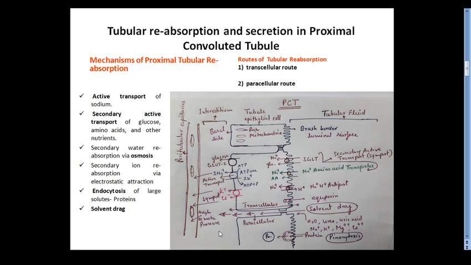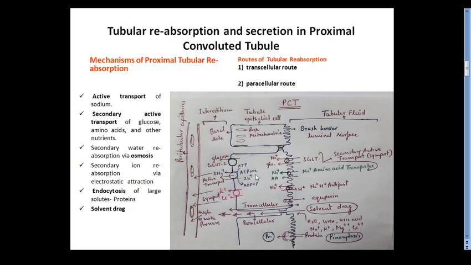This PCT is about 15 millimeters in length, and it contributes the major portion of the nephron and adds bulk to the renal parenchyma. Because of the peculiarity of these cells, the maximum reabsorption takes place in the PCT, and these cells are not very tightly packed.